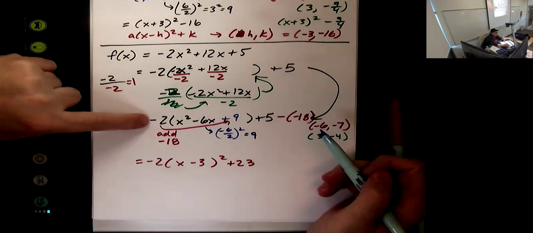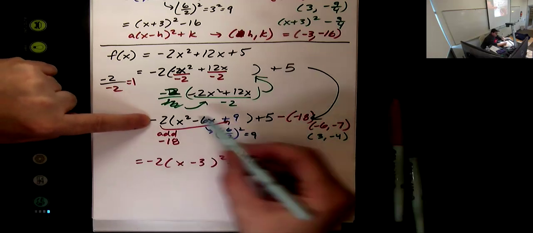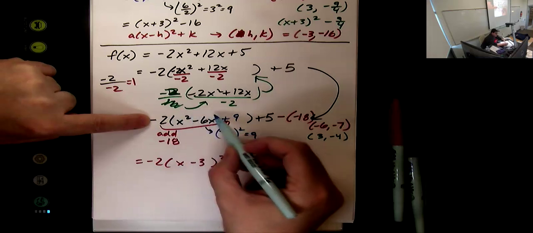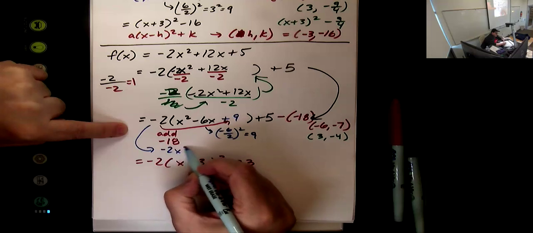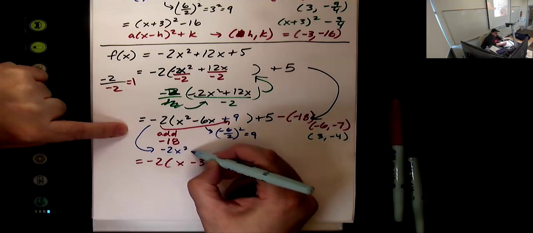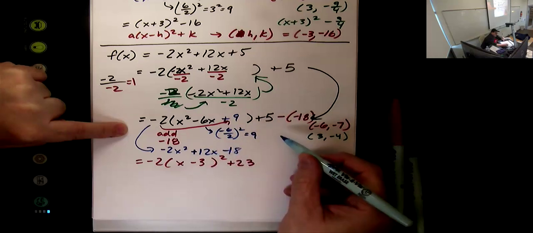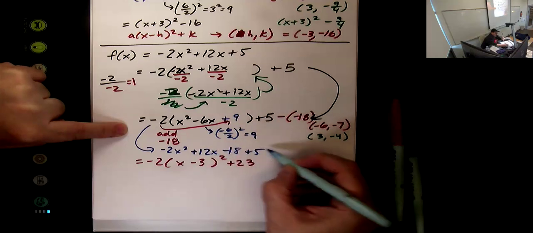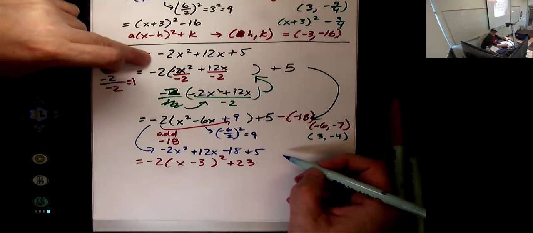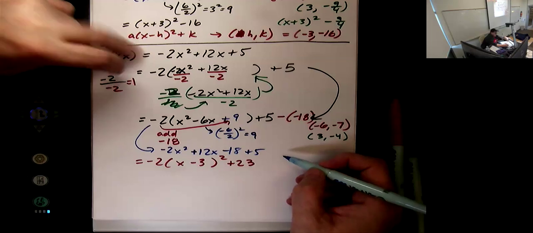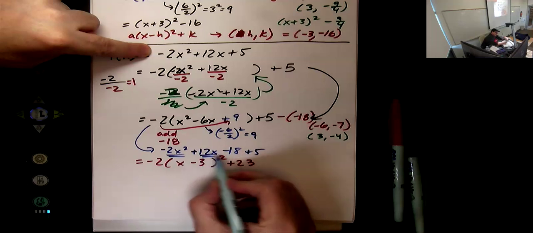That -2 affects the 9, because if I distribute, I have -2x squared plus 12x minus 18 plus 5. And if I want to make sure I start in the same form up here, this should equal the same thing. This matches, this matches.